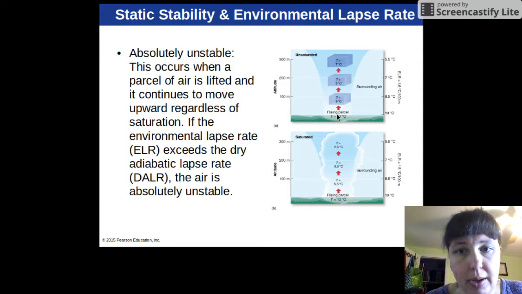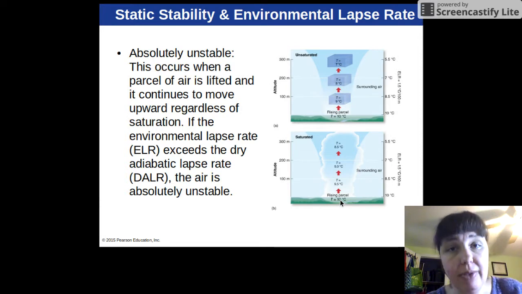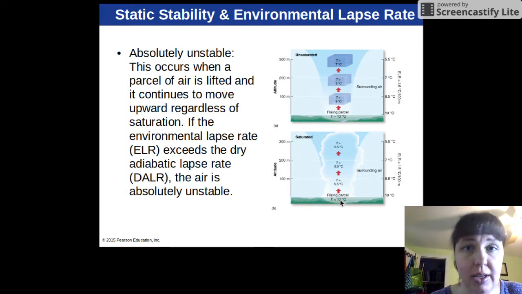My dry adiabatic lapse rate is 1 degree every 100 meters, and my wet adiabatic lapse rate down here is half a degree, or 0.5 degrees Celsius every 100 meters.